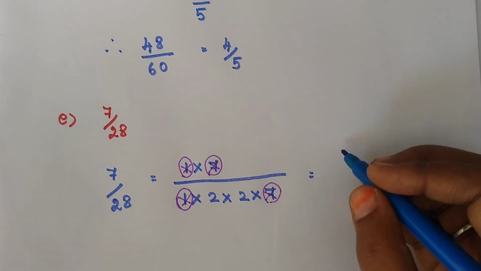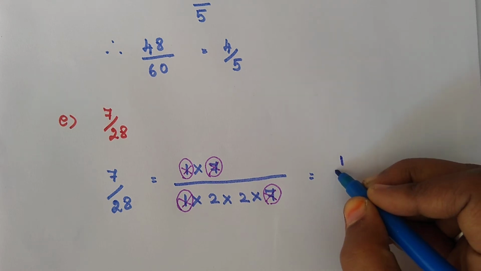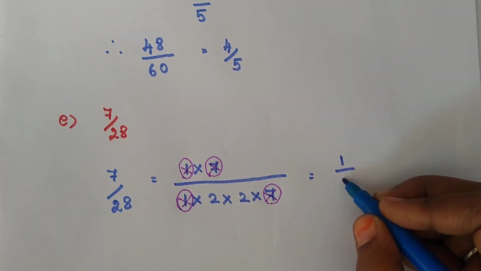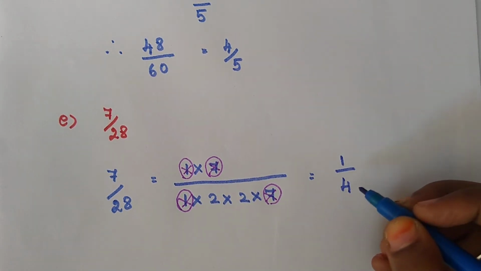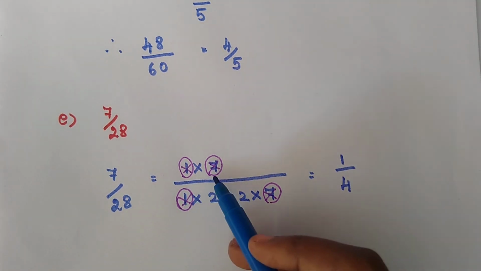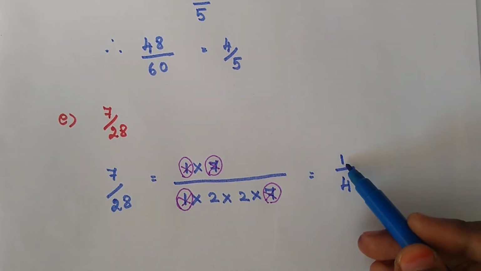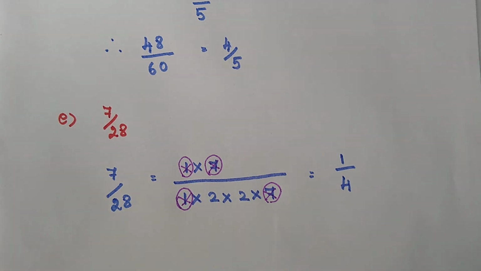We write the answer 1 divided by 4. Here there is no number left in the numerator, so we have to write 1. Are you clear? Next we have to move to the 8th sum.